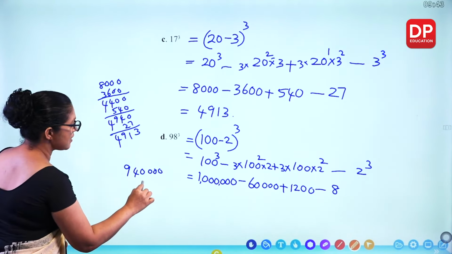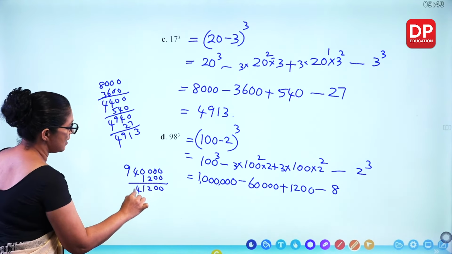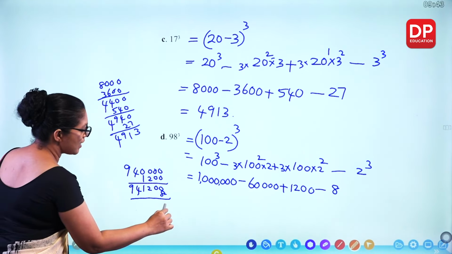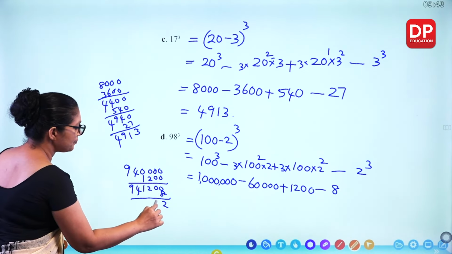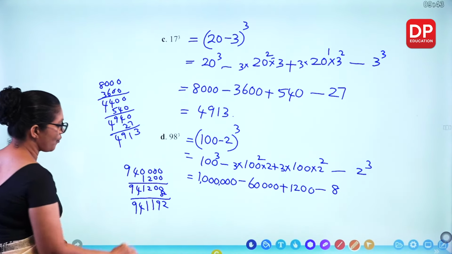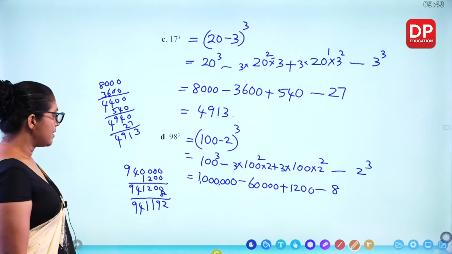Then plus 1,200 you get this number and subtract 8. When you subtract 8 you get 941,192.